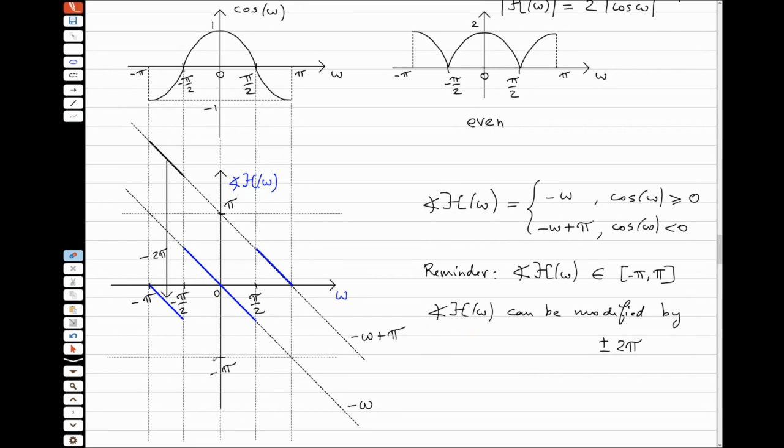These are between minus pi and pi, so these were correct. Now you can always modify the phase by plus minus 2 pi. So you put this back into the interval minus pi to pi. Okay? All right. Question. Is the new result odd?